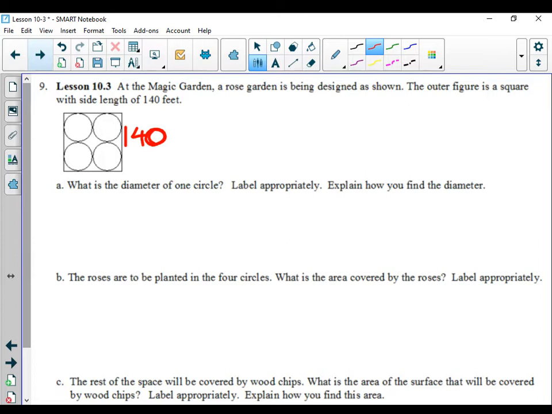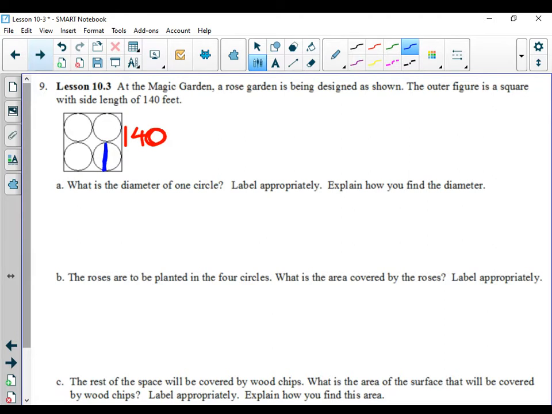So when it says number 1, diameter of a circle, what's diameter? How far is diameter? All the way across. I think that's a diameter. It's 70 because there's 2, so you divide it by 2, which would be 70. Oh yeah.